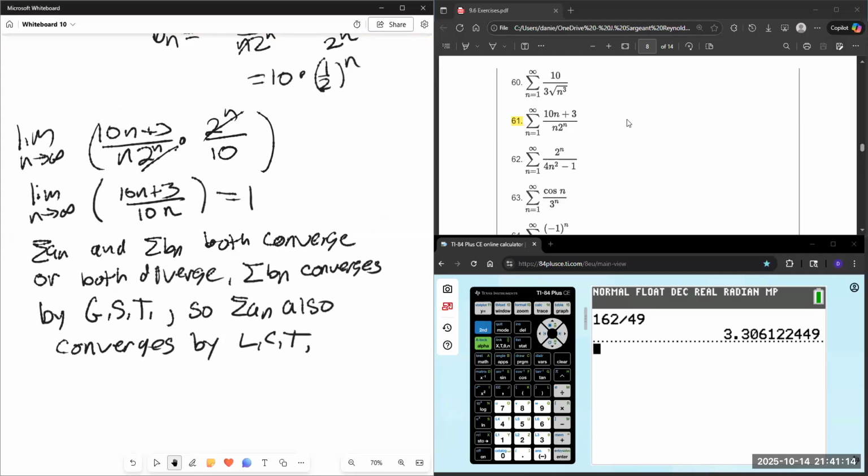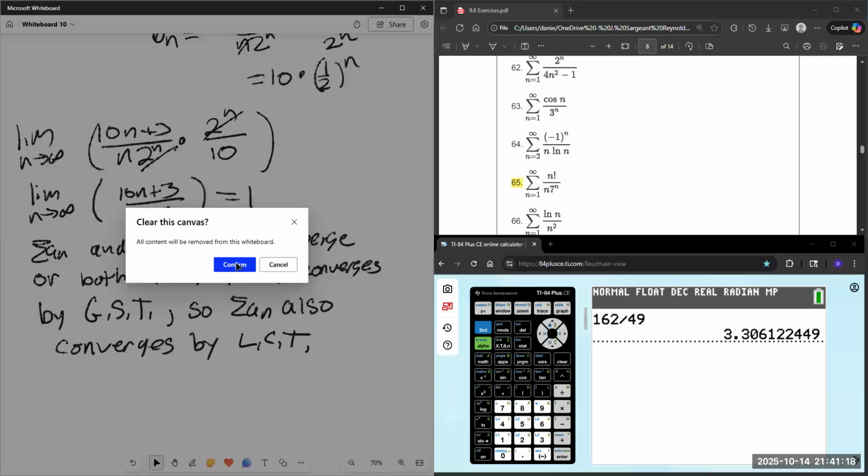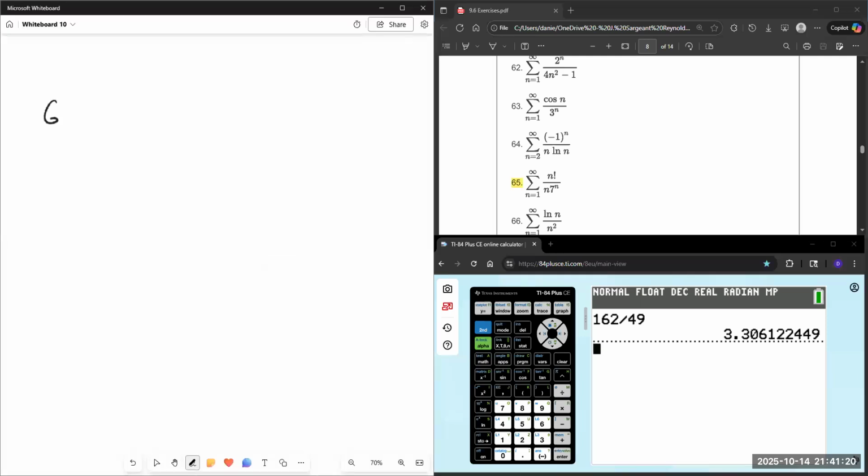Now number 65. 65 says summation n equals 1 to infinity, n factorial over n times 7 to the n. And I see a combination of factorials and exponentials, so I'm going to try my ratio test here.